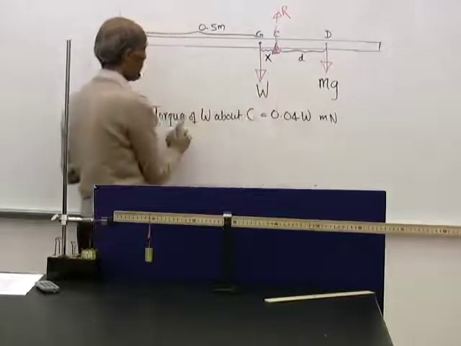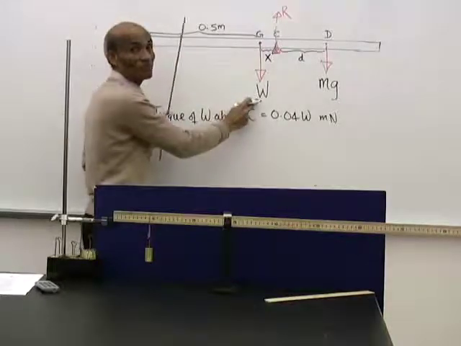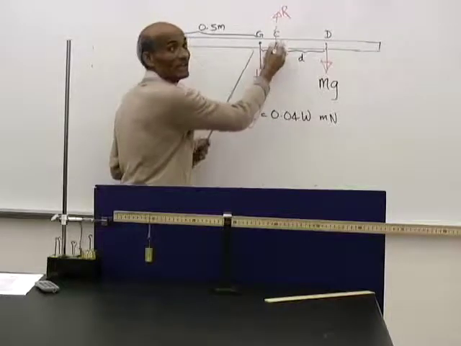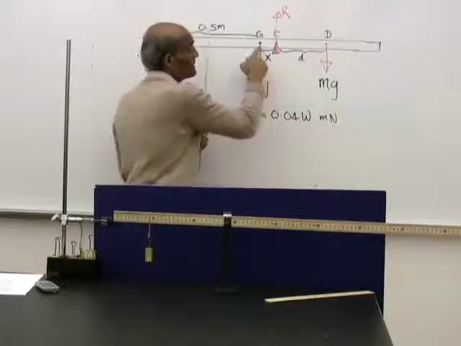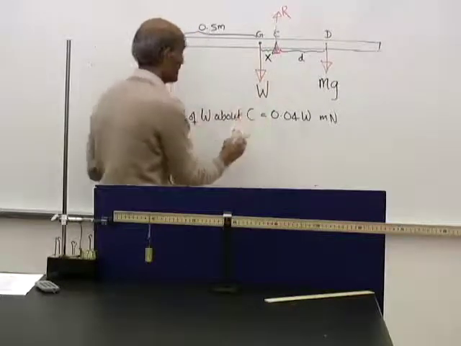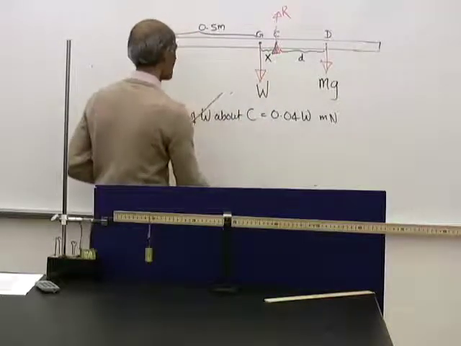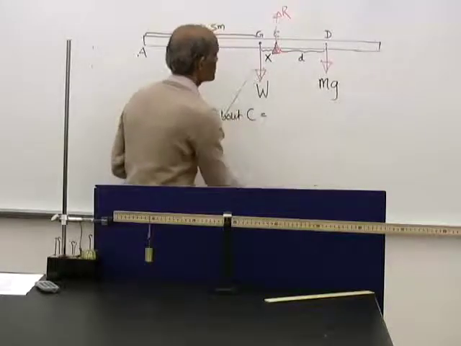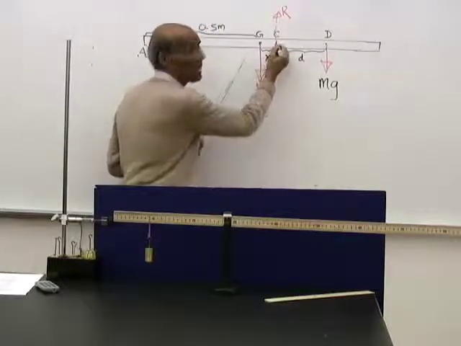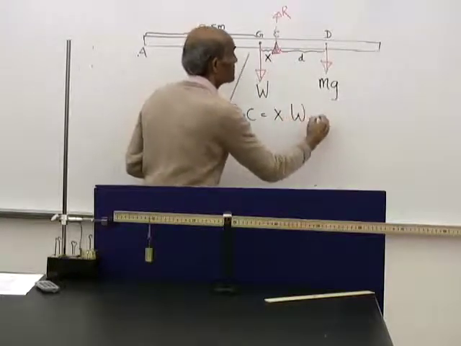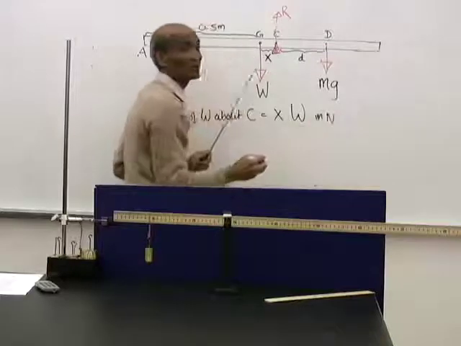Now tell me, what is the torque of this force W about this point C? It will be, the distance is x and the force is W. So the torque of W about point C will be x times W meter Newton.